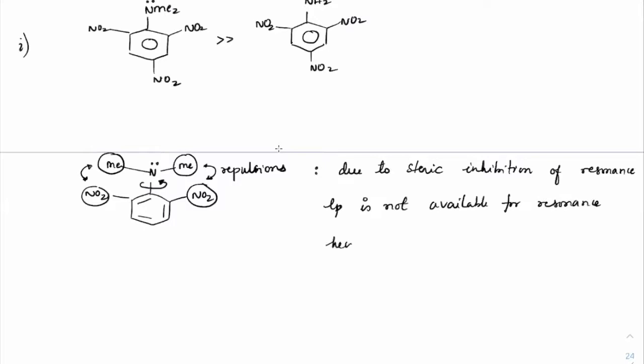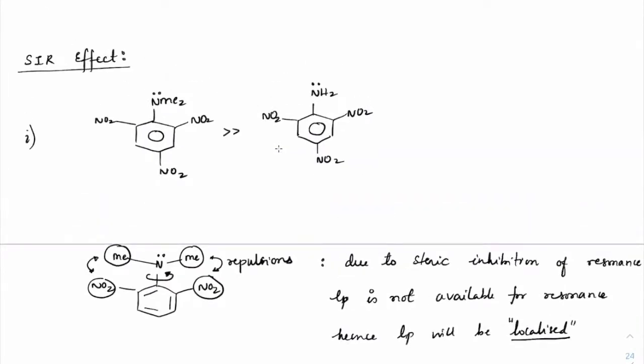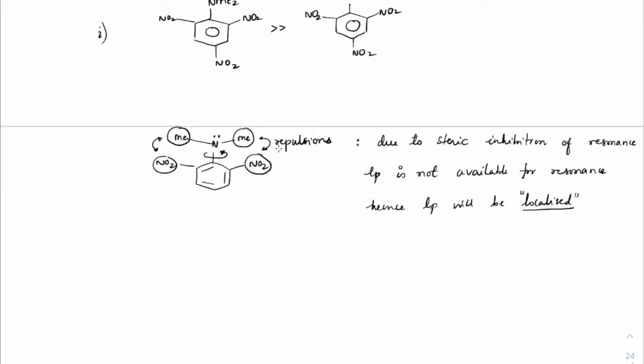Hence, the lone pair will be localized. If it is localized, it is more available for the incoming species. Hence, it will become more basic in nature. Guys, I hope you understood this point. See the next question here.